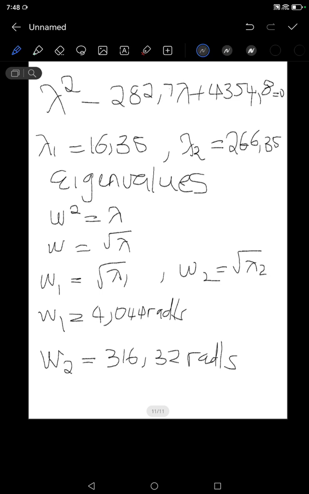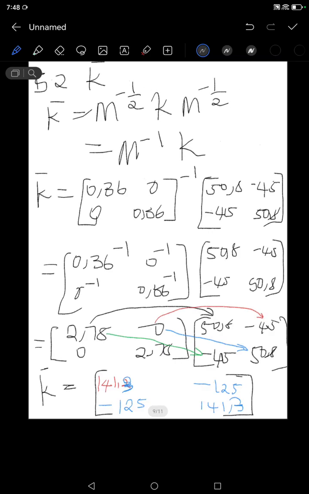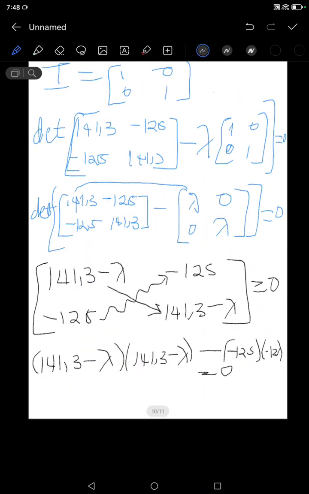We start by writing the formula, the determinant of the normalized stiffness minus lambda multiplied by I, equals 0, and then you substitute your values.